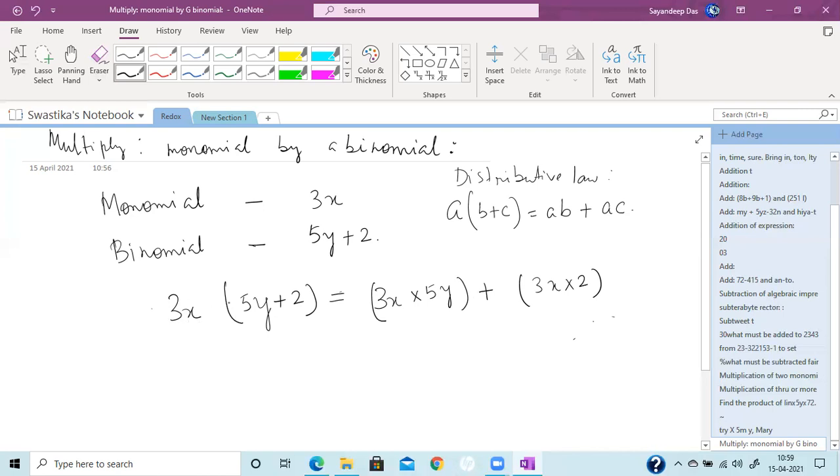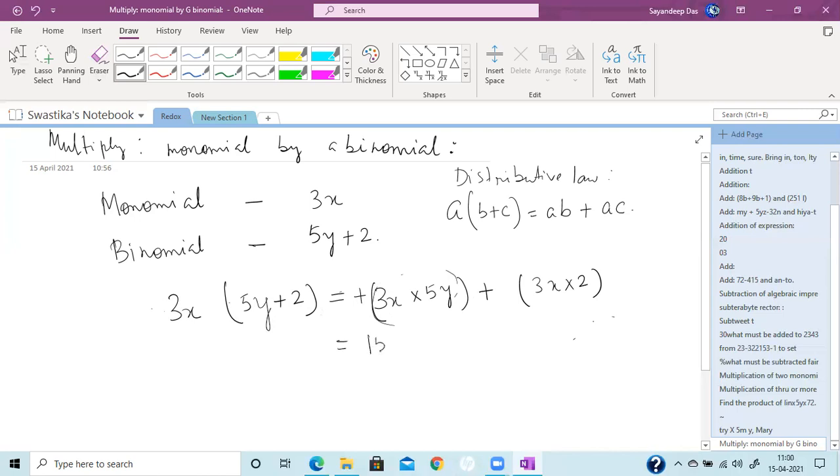So when you are taking 3 into 5, you see that the sign of 3 is plus, 5 is also plus. Nothing written means it is plus. So when you are multiplying 3x into 5y, whatever you are getting should have a positive sign.